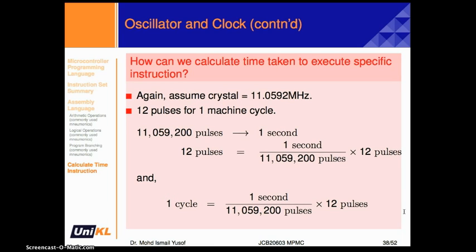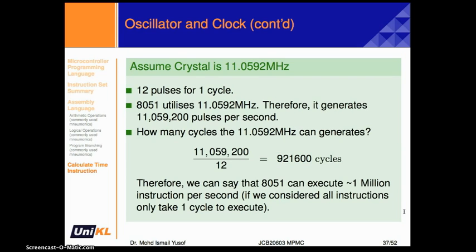Now, how can we use the previous information if we want to calculate a specific type of instruction? Again, we assume that the crystal is 11.0592 megahertz, and we know that 12 pulses is for one machine cycle. So 11,059,200 pulses is for 1 second.